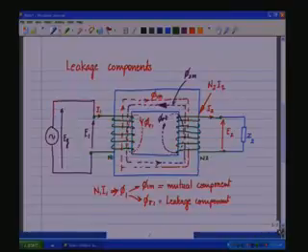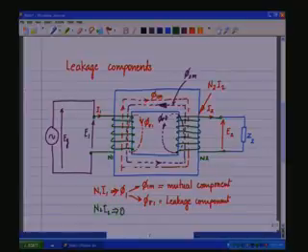Likewise, on the secondary, for N2 I2 ampere turns, phi 2 is produced and this has two components, phi 2m and phi sigma 2, the leakage component.